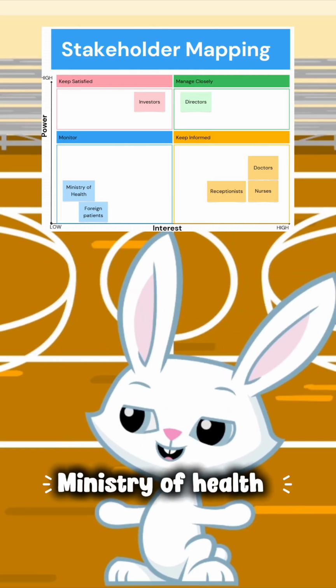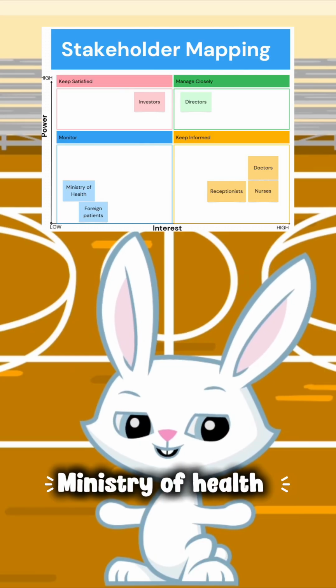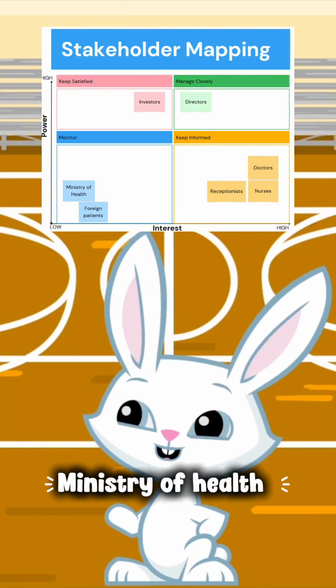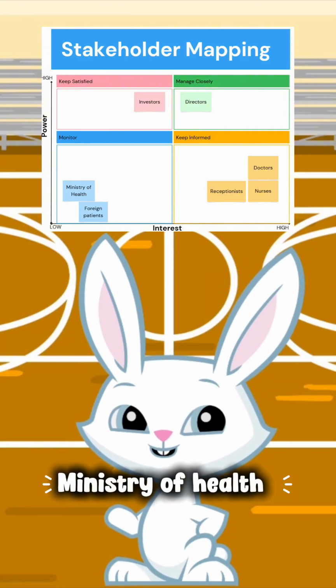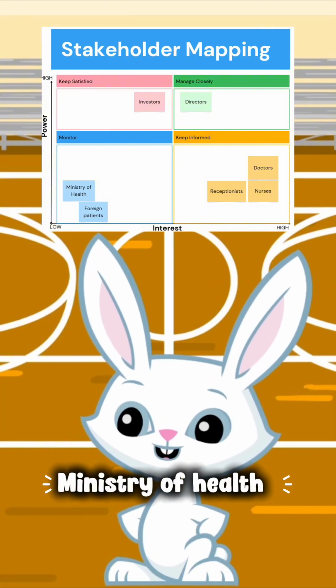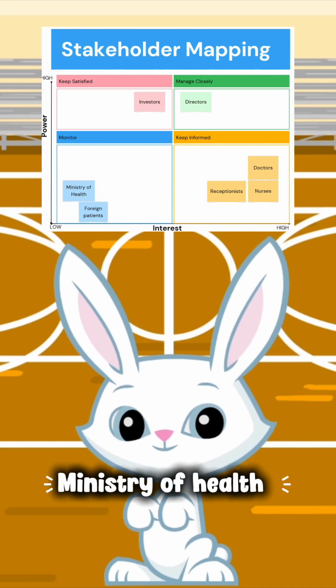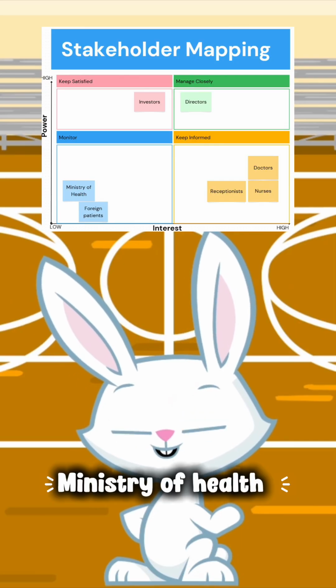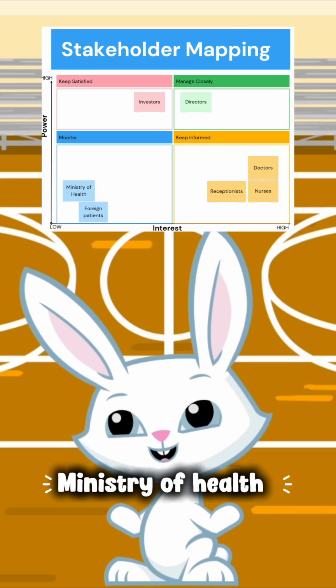It ensures legal compliance and standards. Why monitor? Because it does not participate actively in implementation but must be considered to avoid legal risks. Conclusion: it represents a compliance factor rather than an operational actor.